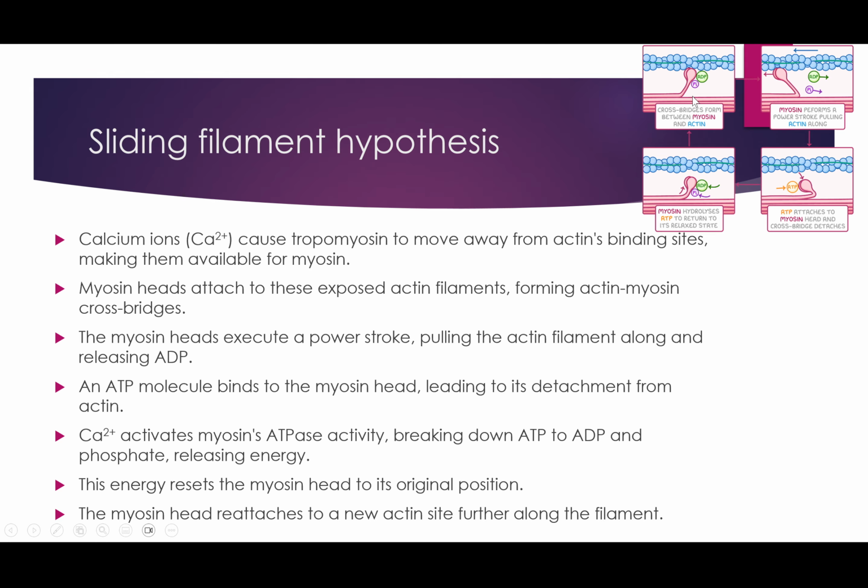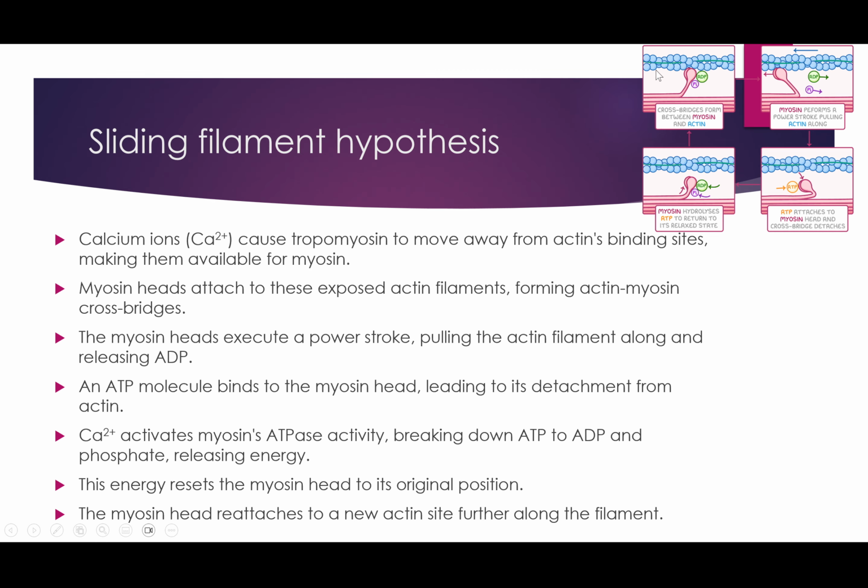So if we look at the diagram here, the blue is representing actin, the reddy pink is representing myosin, and the green is representing tropomyosin. Now, we can't see the diagram before this, but you would have another diagram where the green tropomyosin is actually blocking the binding site on the actin.